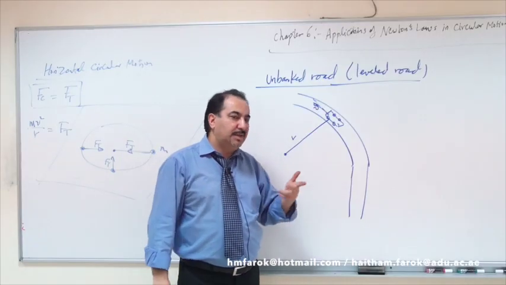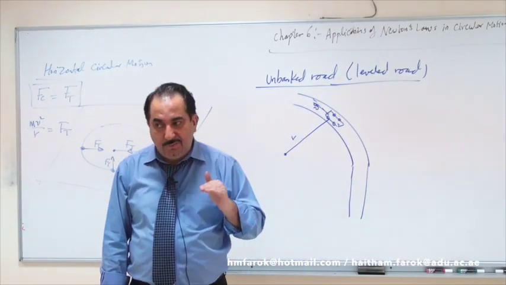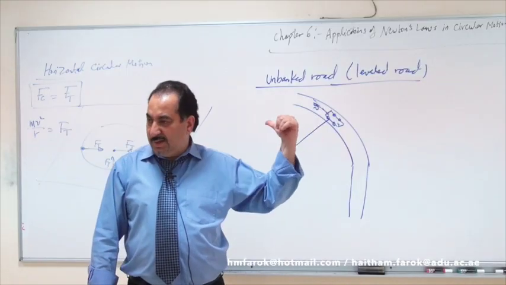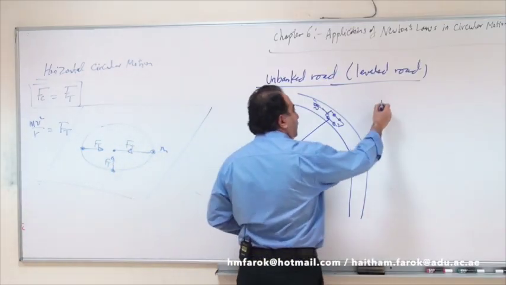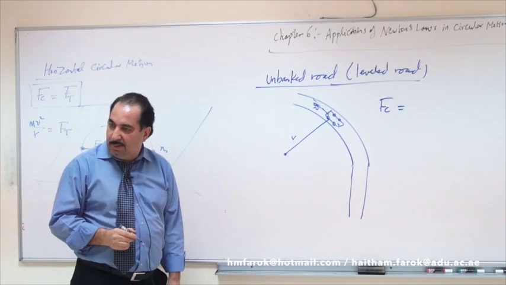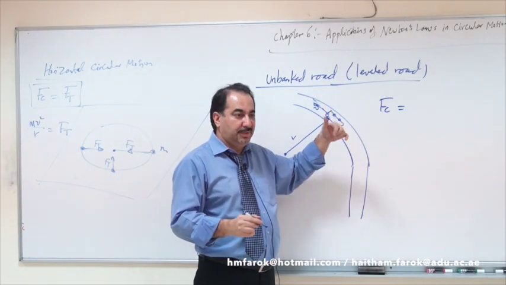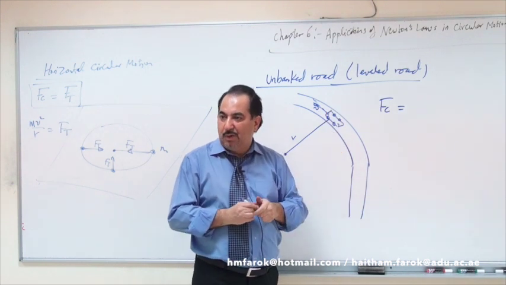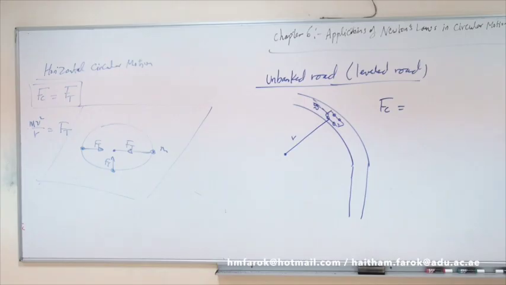Now, if the car does a circular motion, there must be a total force towards the center. What is the name of this force? Centripetal force, Fc. And this Fc, again, is not an outside force, it's within the system itself. Where does this force come from? Let me show you this one on the table.